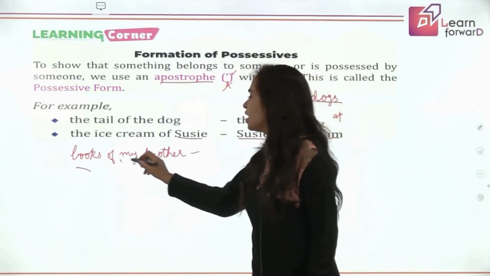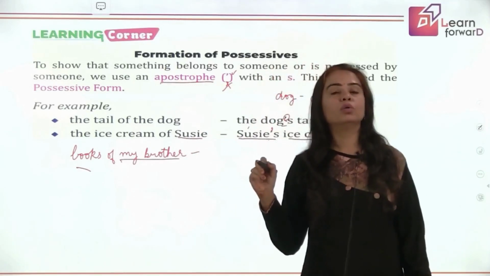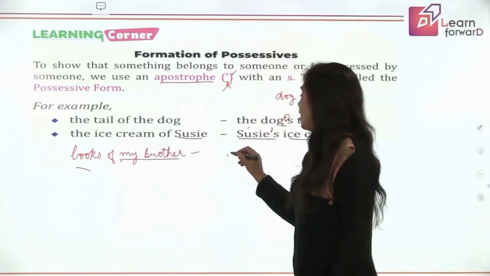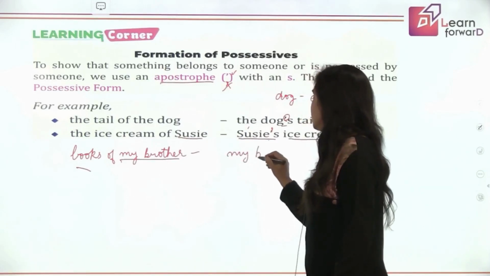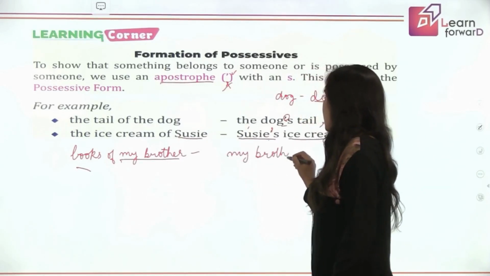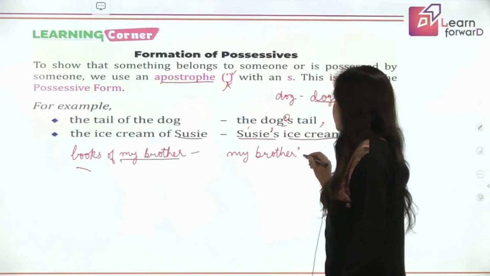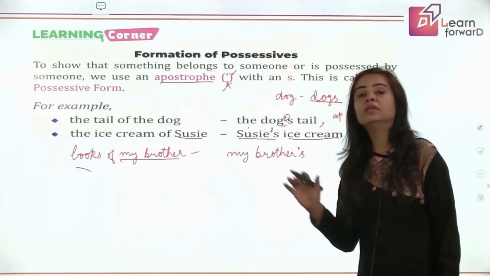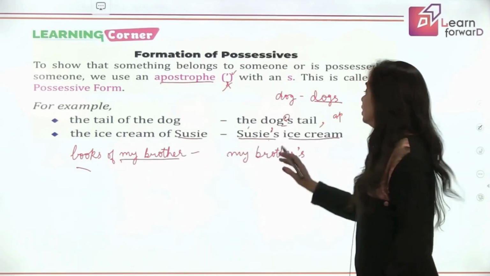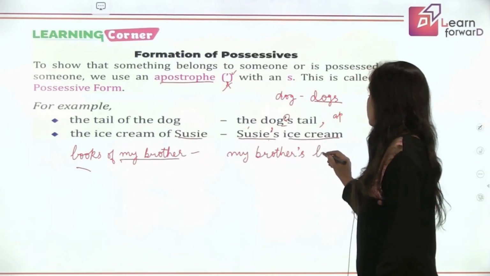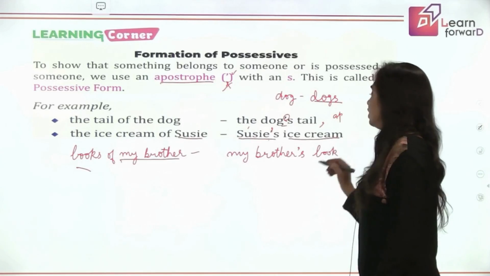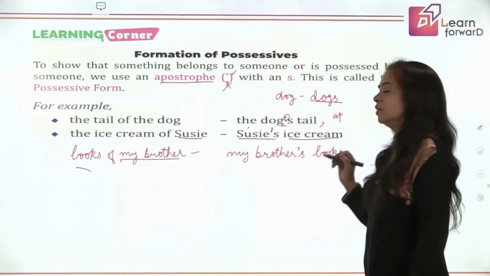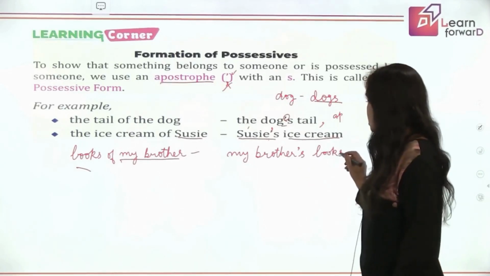So I will start the possessive noun with this word, my brother, and with this, I will put an apostrophe and an S. Now, what thing am I talking about that belongs to my brother? Books. Then I will write that thing and you get your expression, my brother's books. Understood? I hope it is clear to you.